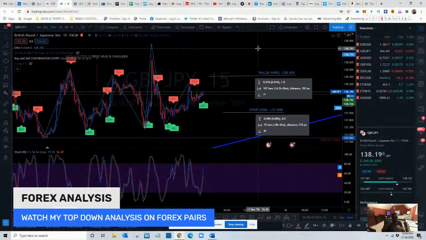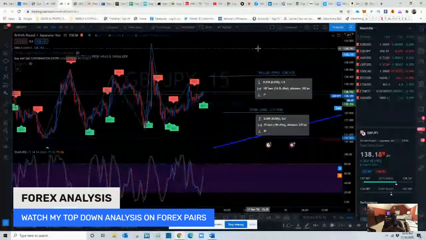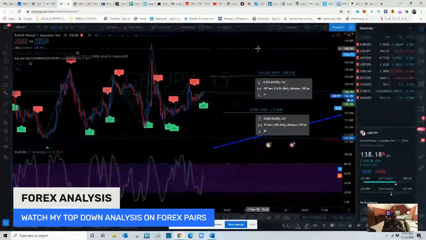So this is for GBP/JPY, and this is a buy market execution. All right. Stop loss is going to be 137.98.